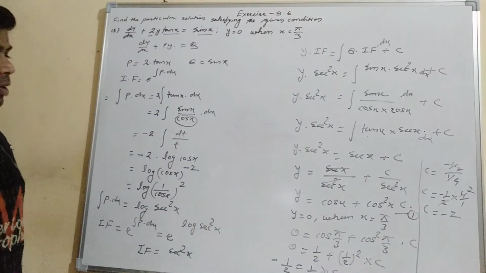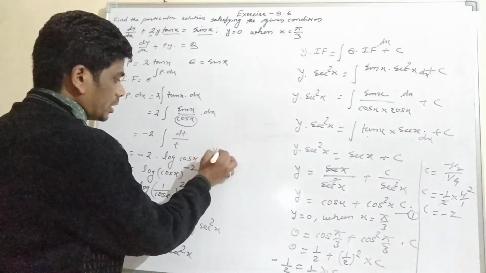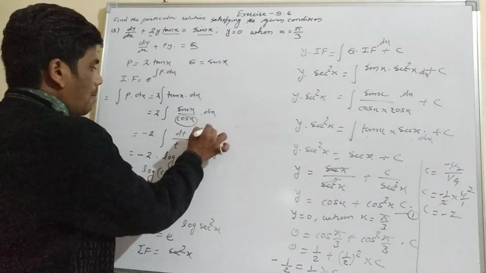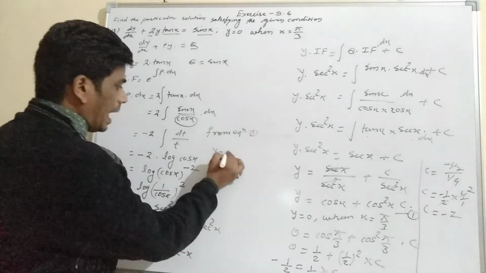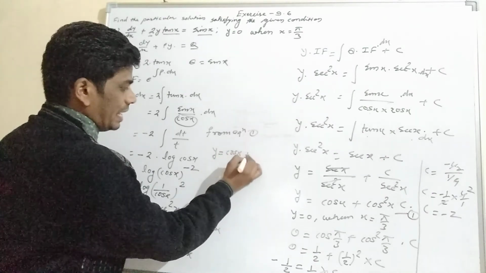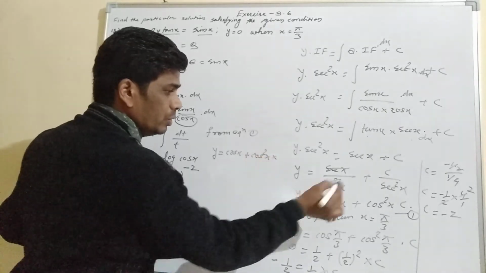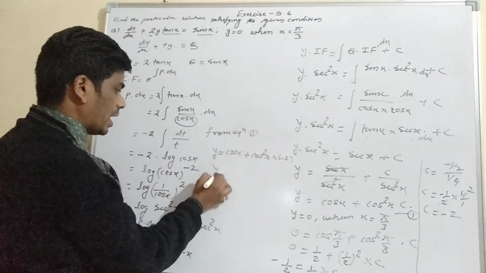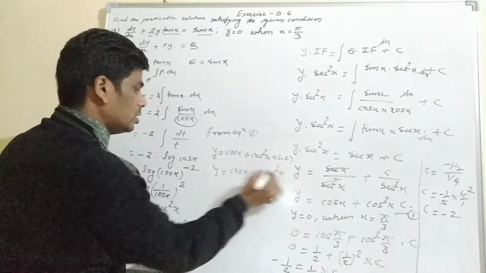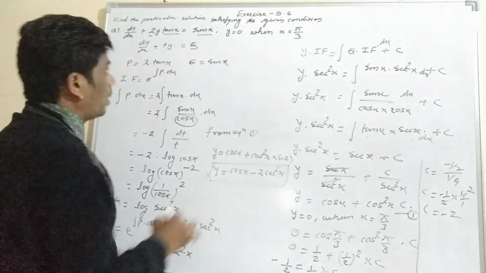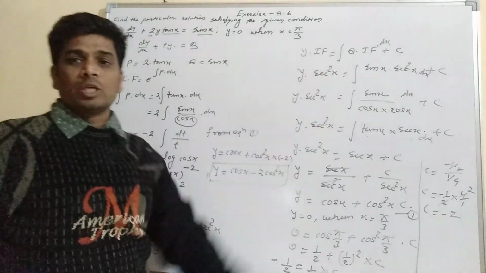So in equation 1, if you substitute c, you will get the particular solution: y equals cos x plus cos square x into minus 2, which means y equals cos x minus 2 cos square x. This will be the particular solution when y equals 0 and x equals pi/3.